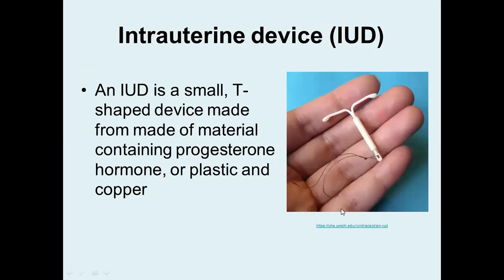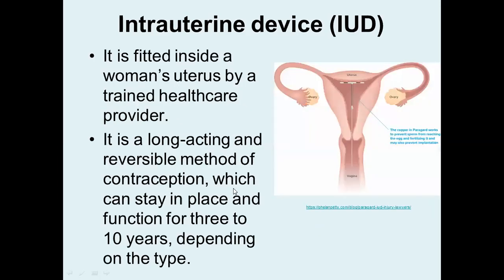In general, an IUD is a small T-shaped device, either made from material containing progesterone hormone or made of plastic and copper. So it can be material containing progesterone, or it is plastic and copper. Okay. So an intrauterine device is fitted inside the woman's uterus.